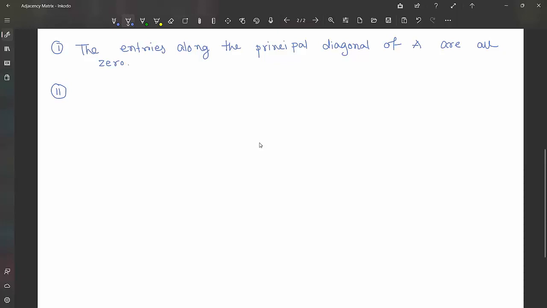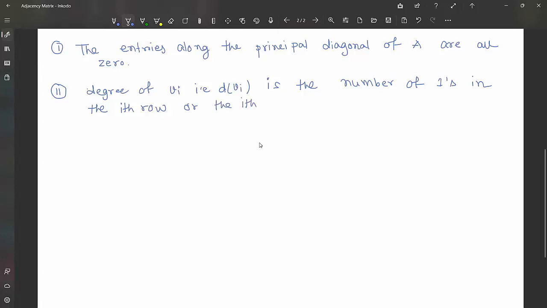So next, another thing: the degree of vi, that is d of vi, is the number of ones in the ith row or the ith column, always.